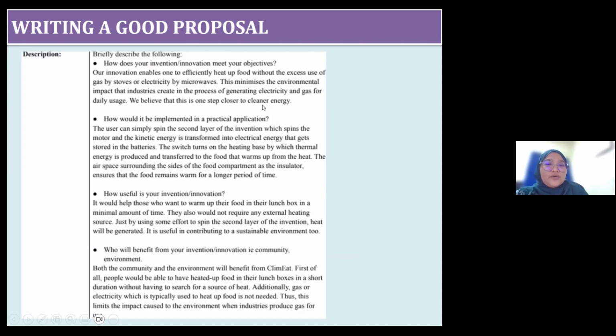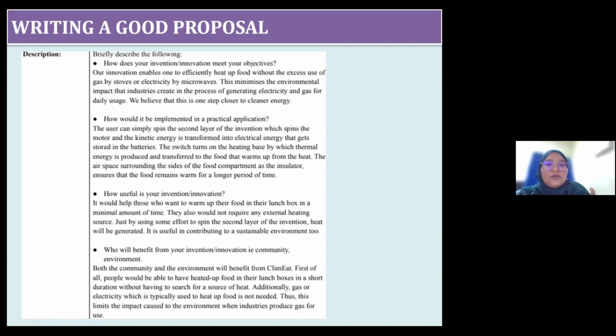Okay, so the next one: how would it be implemented in practical application? I would say that just now we were thinking about commercial, thinking about practicality. Looking at this, the group was saying that it is a much simpler design: the second layer of the invention spins the motor, and kinetic energy is transformed into electrical energy.